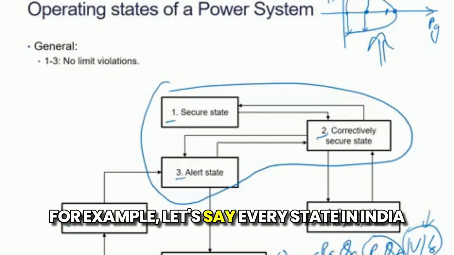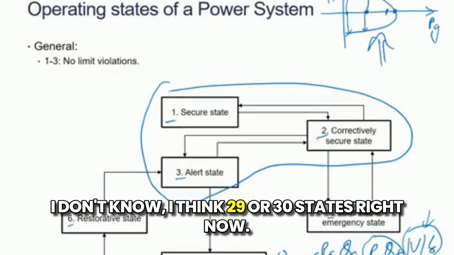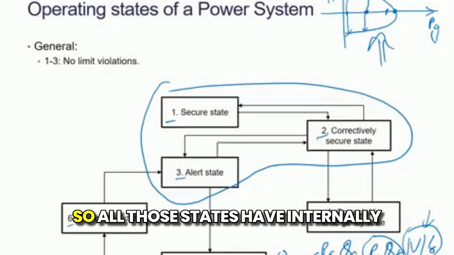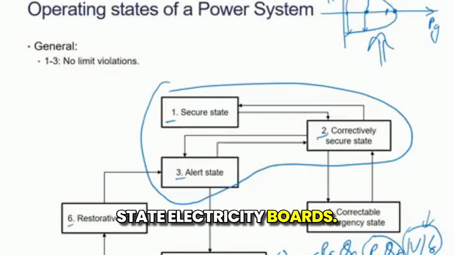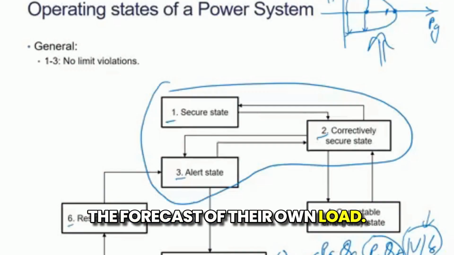For example, India has around, I think, 29 or 30 states right now. All those states have state electricity boards, and every state decides the forecast of its own load.